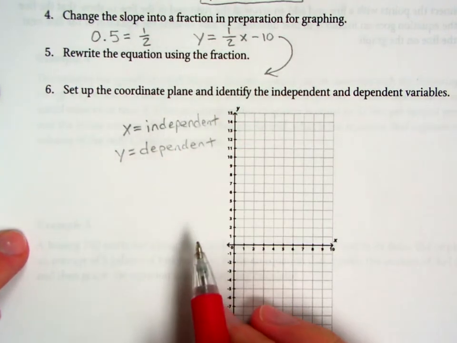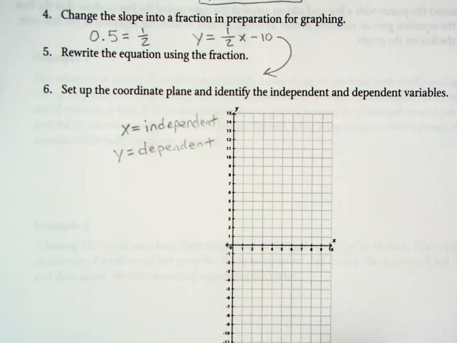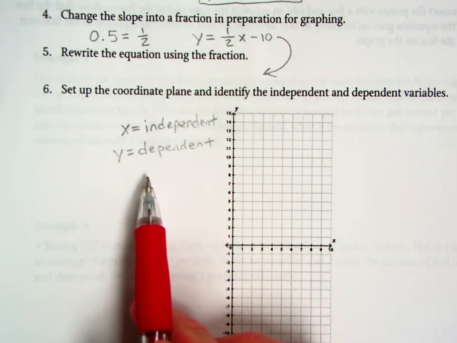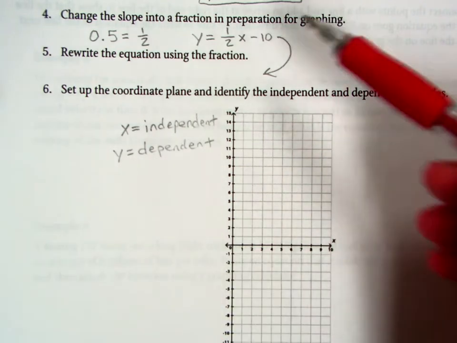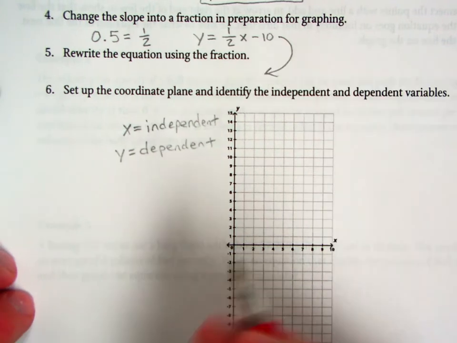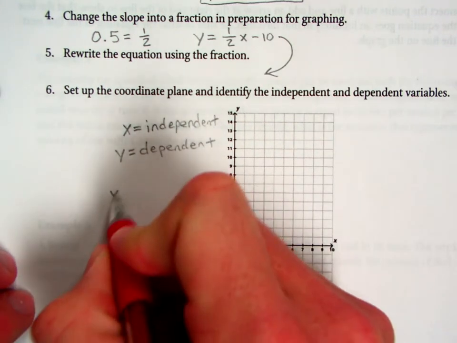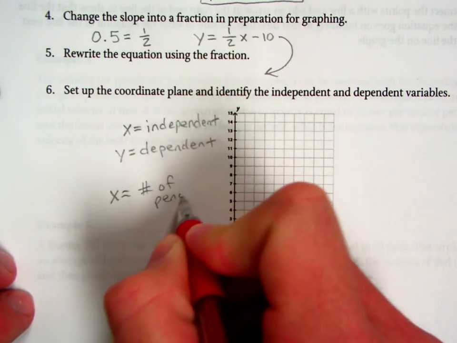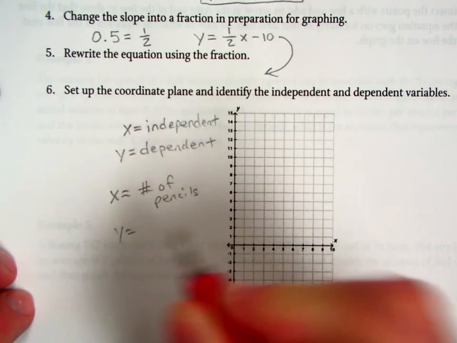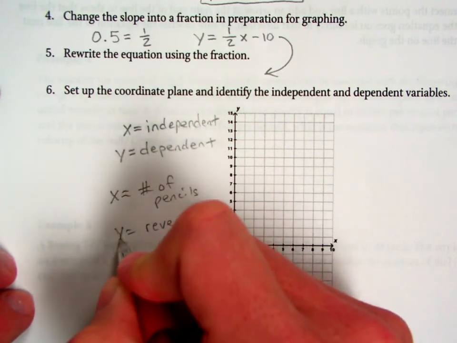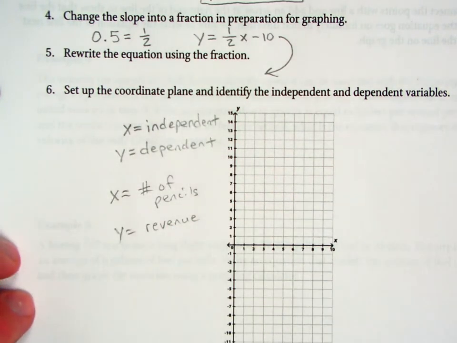Your x is independent because we can plug in anything we want for x. Y has no choice what it's going to be because y is dependent upon what we plug in for x. And so x is our number of pencils, and y is our revenue. It's how much money we make depending on how many pencils we sell.